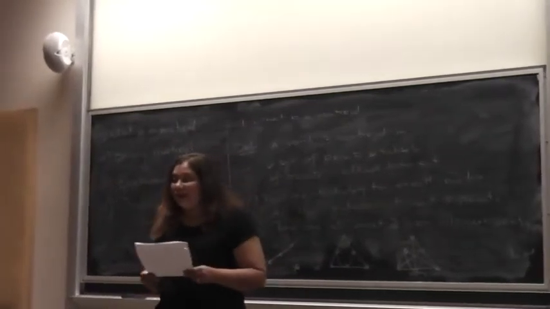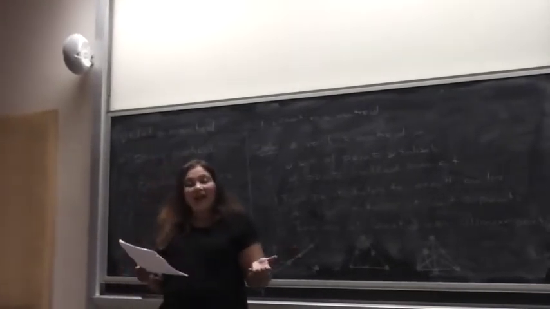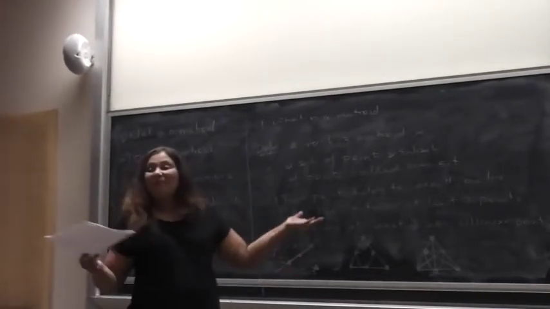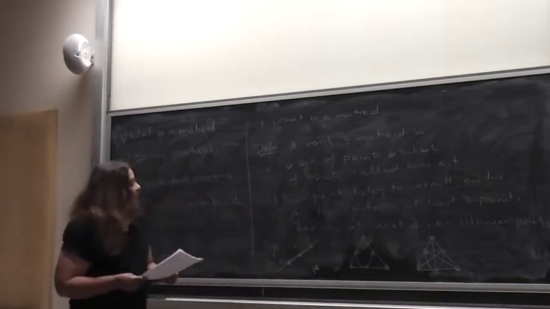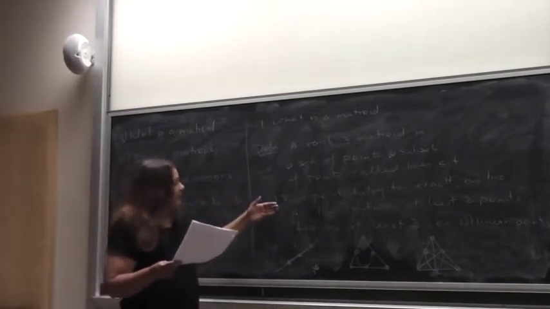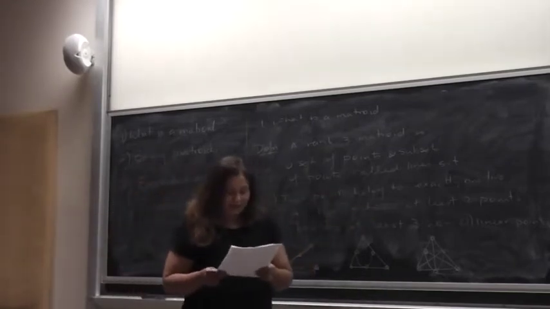So a rank 4 matroid, I'm just going to read it out because the axioms are long. A set of points and subsets of points called lines, and subsets of points called planes, because in rank 4 you have planes, such that 2 points belong to exactly one line. A line contains at least 2 points.